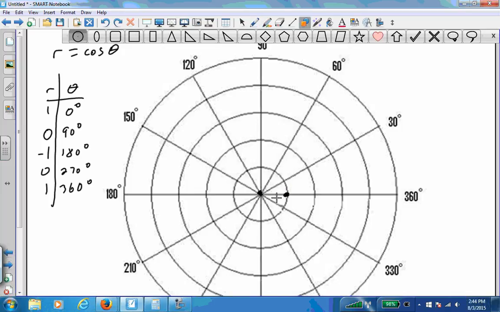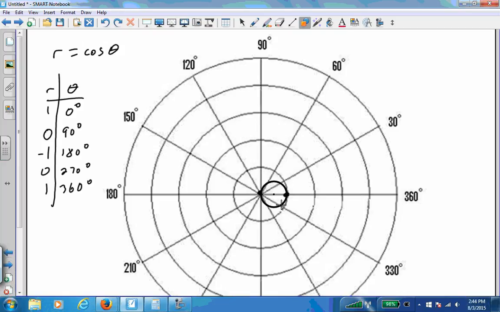It turns out that if we were to pick enough points, that would get us a circle just on the right side of the origin, between 0 and 1. Basically, the coefficient here tells us the diameter.